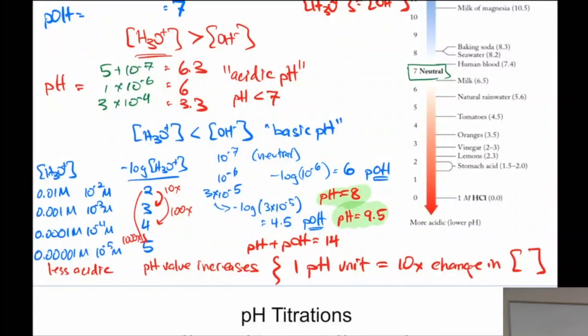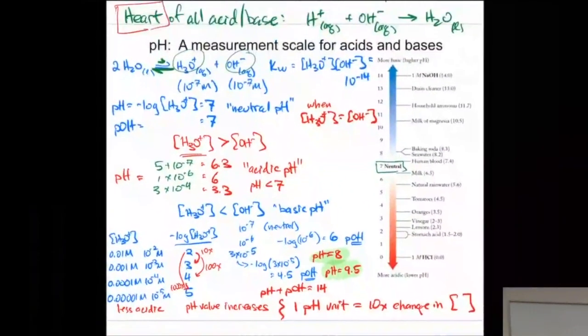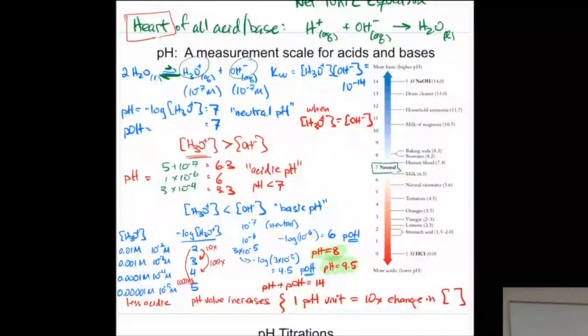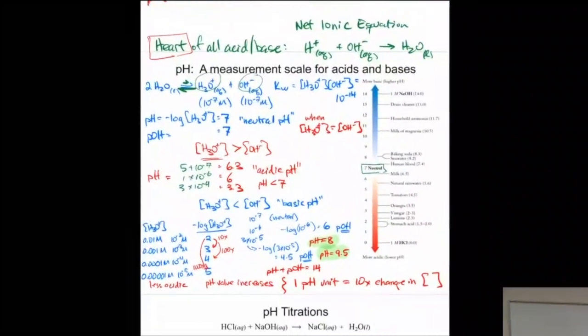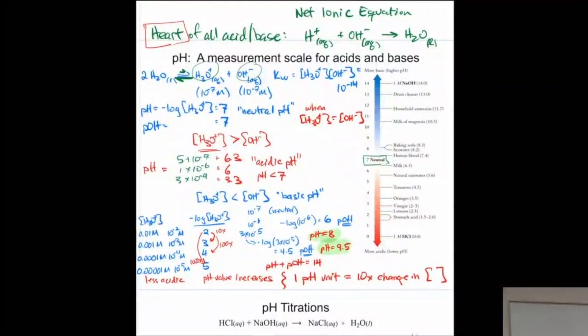So really all this slide was a lot of more definitions of the same general ideas. I just showed you some examples of them. But the main concepts here, the heart of all acid-base reactions, are going to be the net ionic equation.